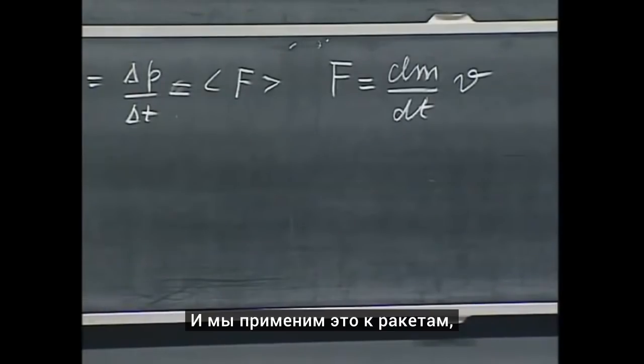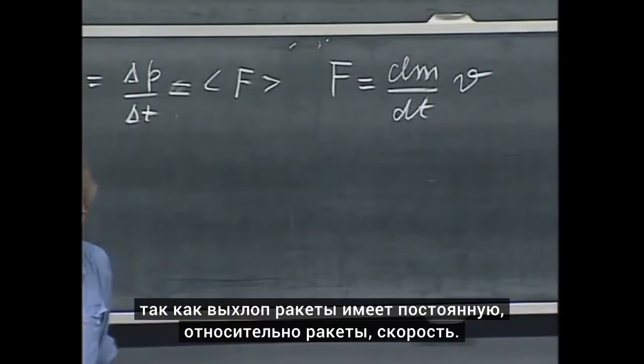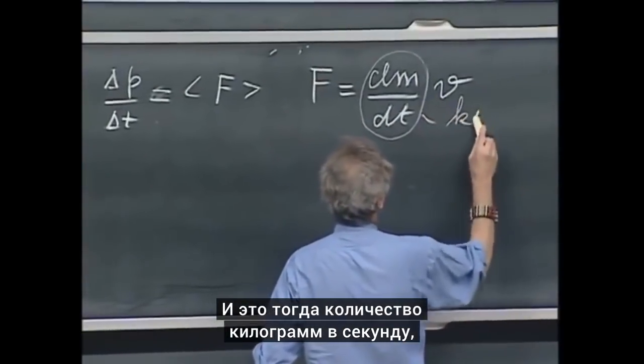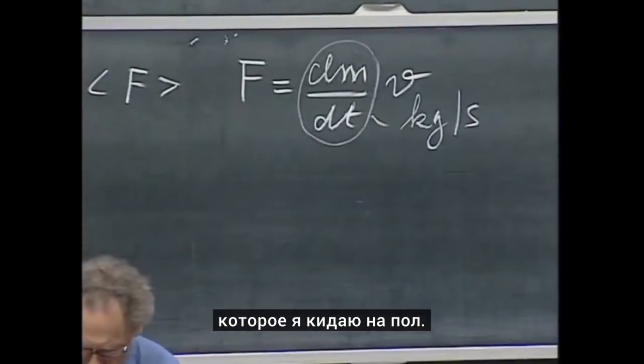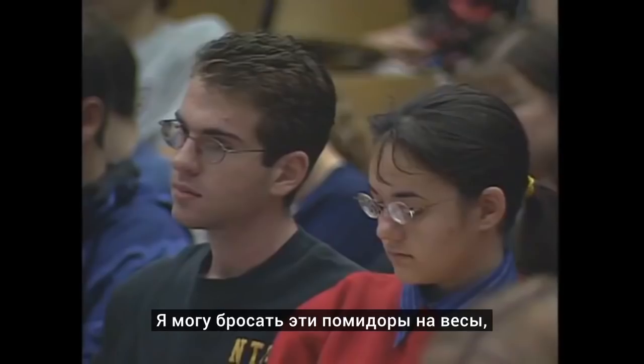And we're going to apply this to rockets, whereby the exhaust out of rockets has, relative to the rocket, a constant speed. And this is then the number of kilograms per second that I throw on the floor. This is very real. I can throw these tomatoes on a bathroom scale.